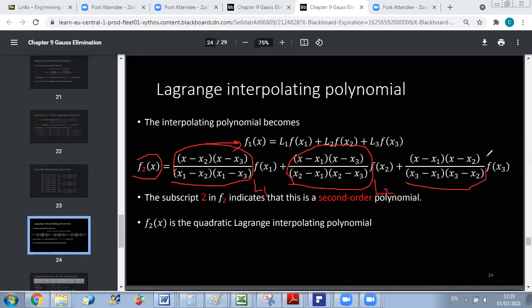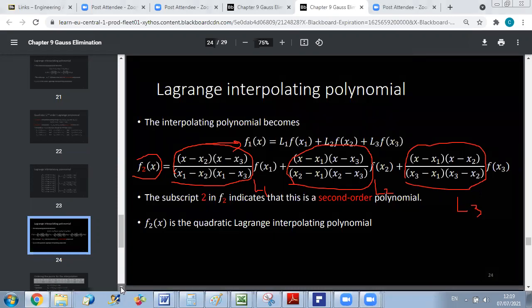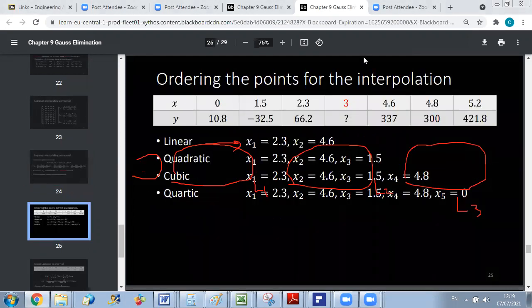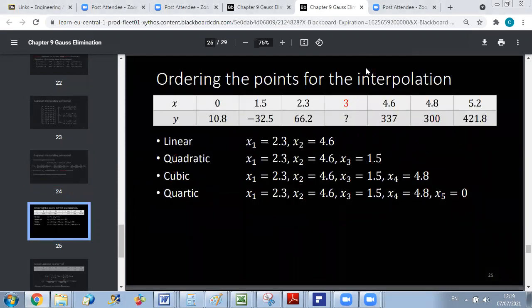It's a second order polynomial, and I can do an interpolation with any order I want. So let us do an application of the Lagrange operators to do interpolation.